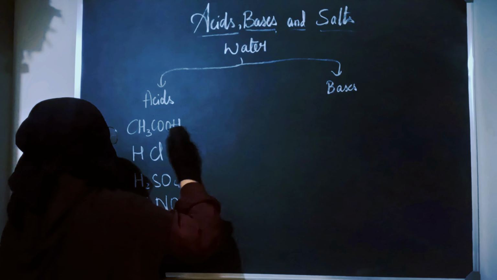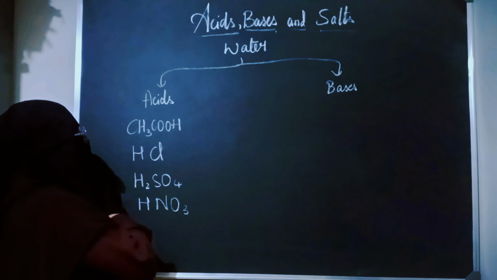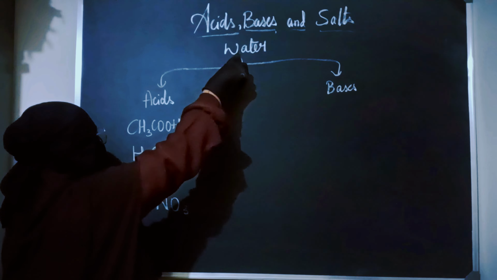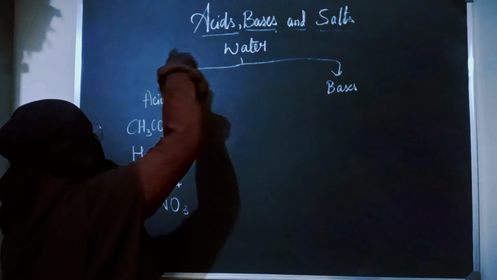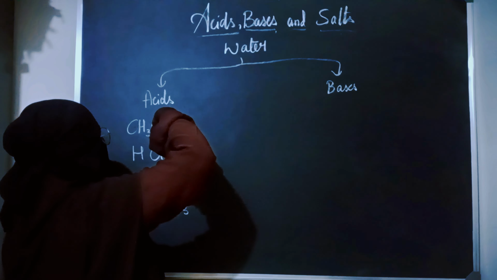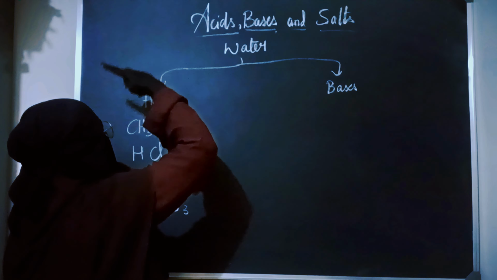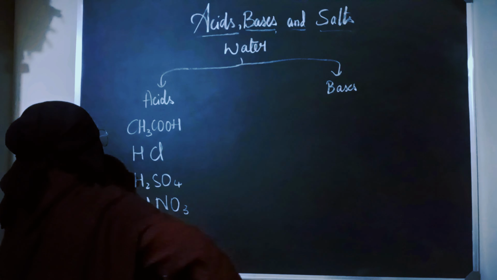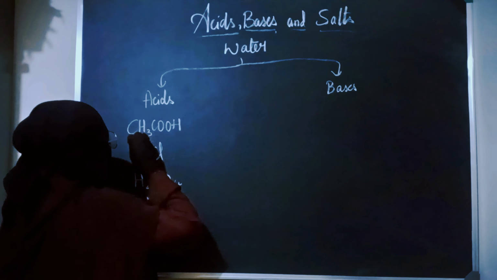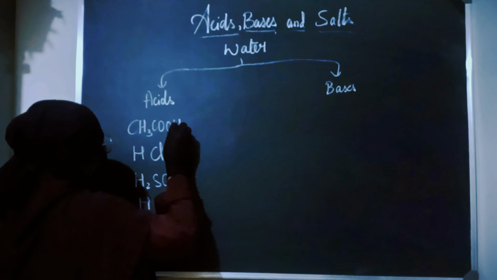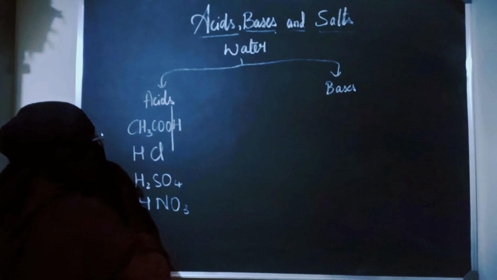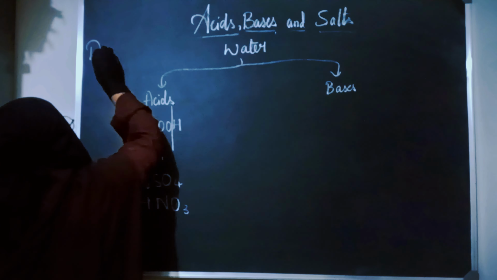It is observed, students, that whenever I take these acids and add water to them, or take the water and add acids to it, the acids will dissociate into their ions.